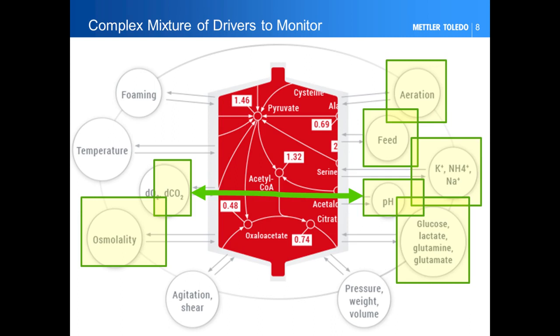So pH, temperature, agitation, oxygen, feeding nutrient, etc., are mostly regarded as inputs, but could become valuable to better manipulate them with outputs such as dissolved CO2.